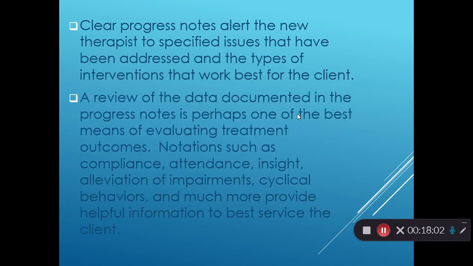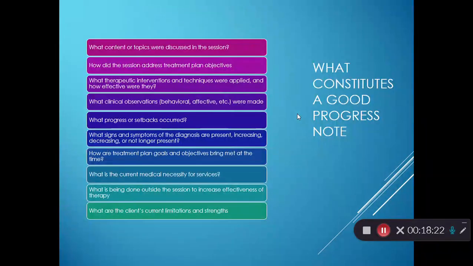You want to be able to look at that and recognize that at each session you are constantly evaluating that treatment plan. Is that person meeting their goals? How is their insight? What are still the challenges, or what are their impairments that they're still working on? Things that say, this is a good progress note, a good SOAP note, a good DAP note, a good BIRP note, whatever your agency requires that you write.